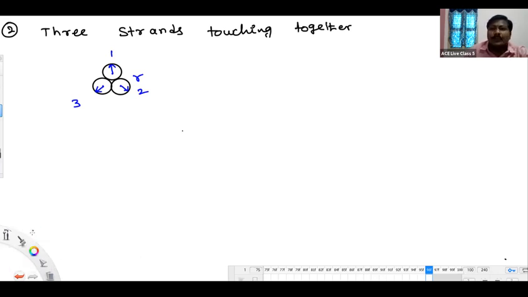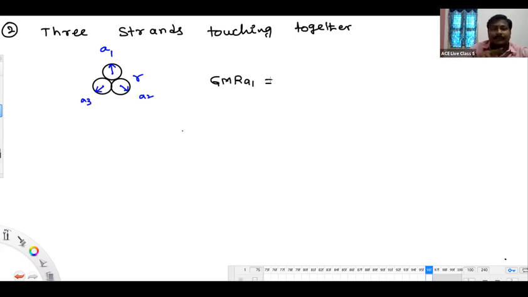Okay, now call them A1, A2, A3, for easiness in understanding. First, what is the GMR of A1?